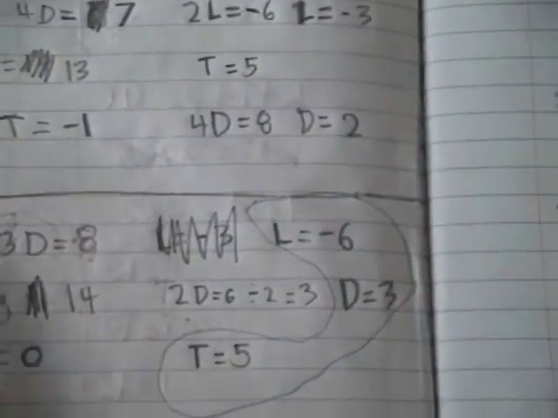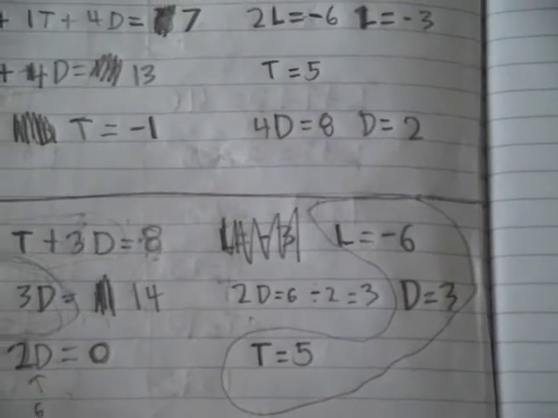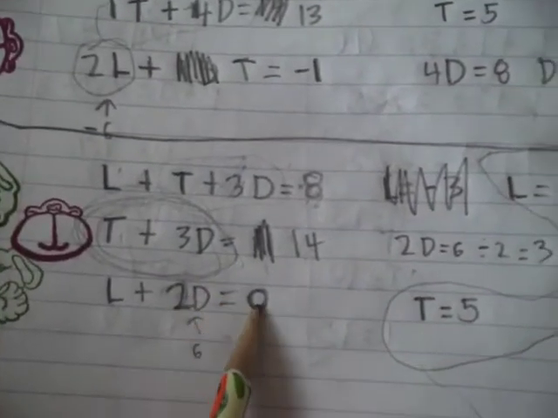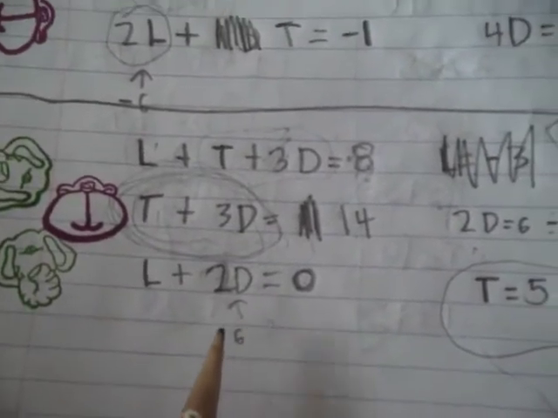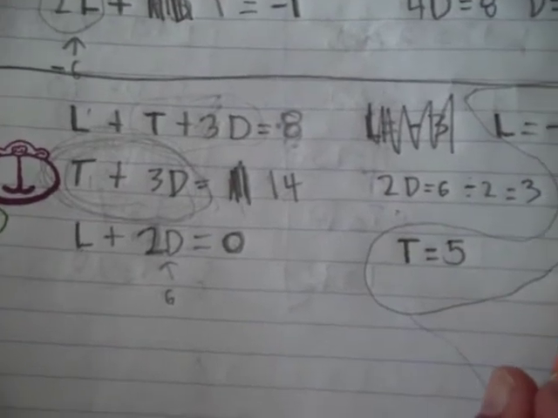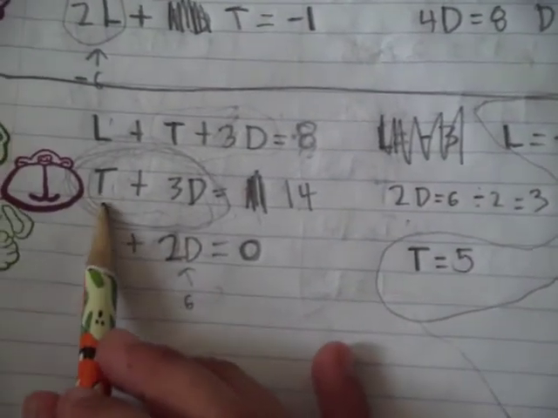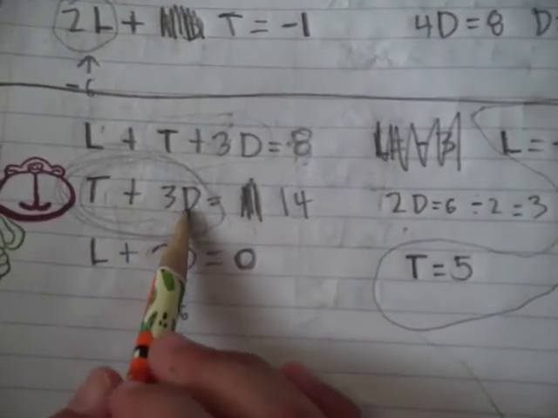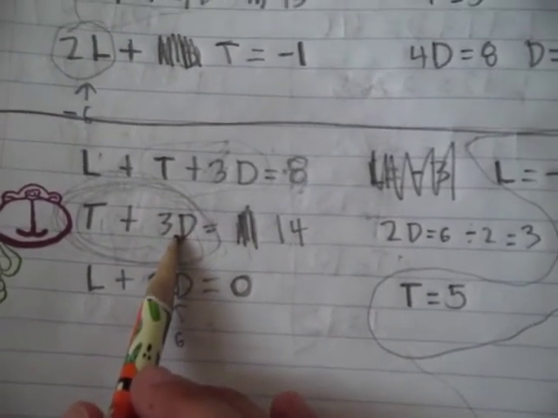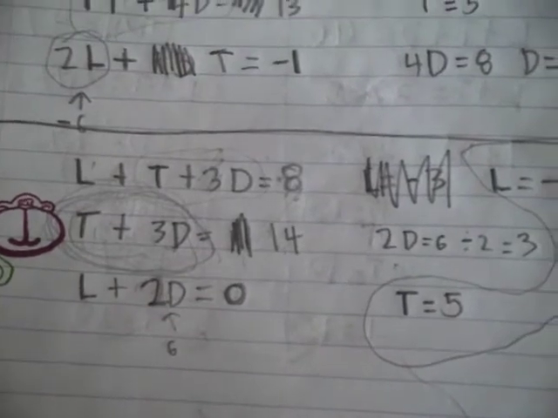That's how you figured out L was -6. Since I know this is -6, this 2D to bring it back to 0 is 6. So then 2D had to be 6, and then D has to be 3. Then T plus 3D, since there's 3D, you have to add another 3, so it's 9. 9 plus 5 equals 14.